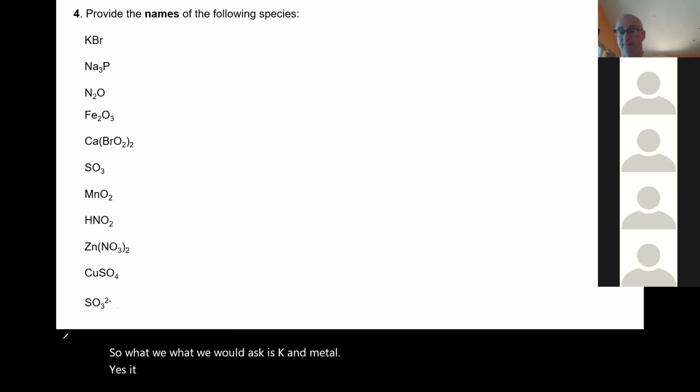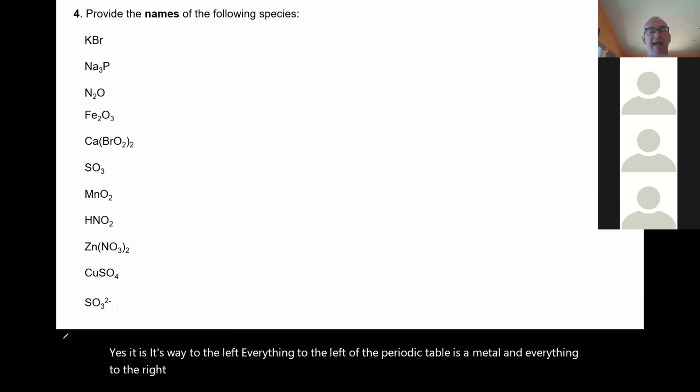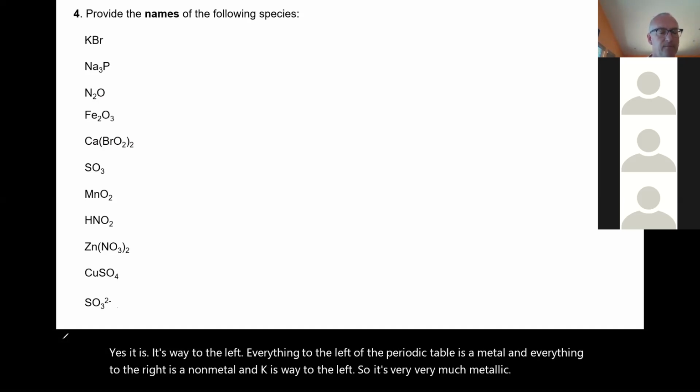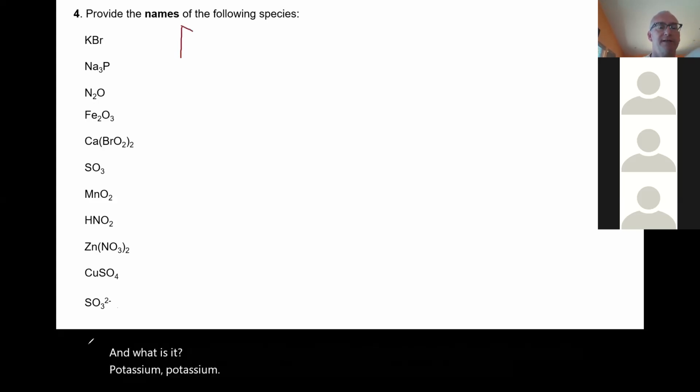It's way to the left. Everything to the left of the periodic table is a metal, and everything to the right is a non-metal, and K is way to the left. So it's very, very much metallic. And what is it? Potassium. We just write down potassium. That part's easy.